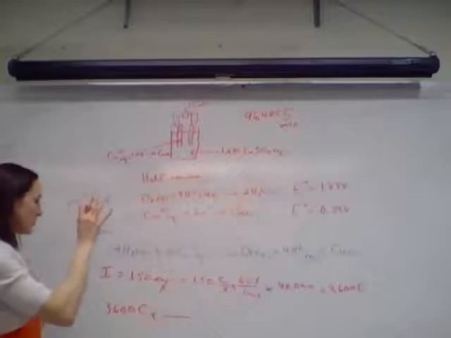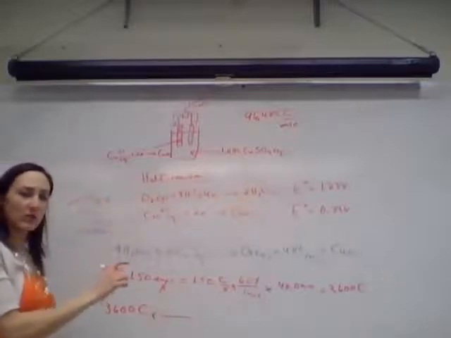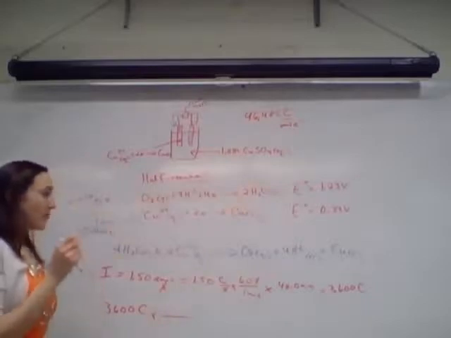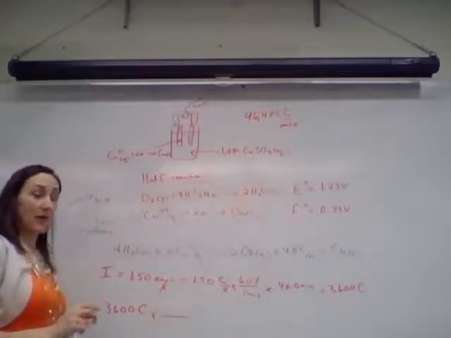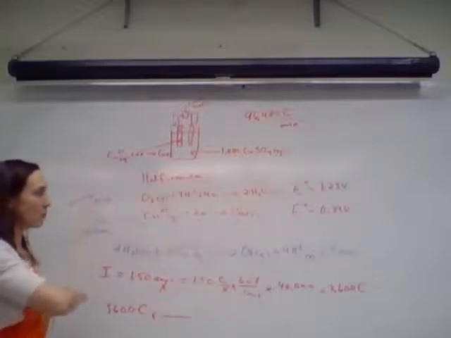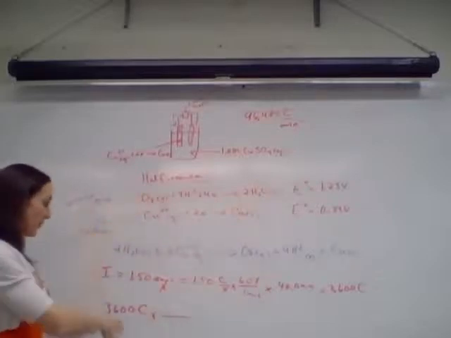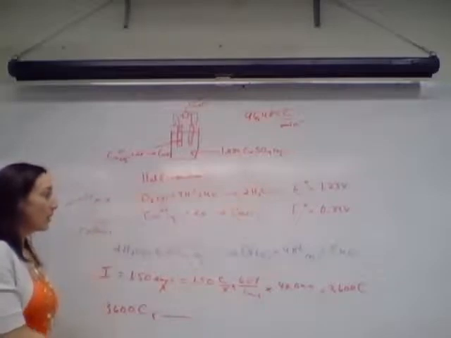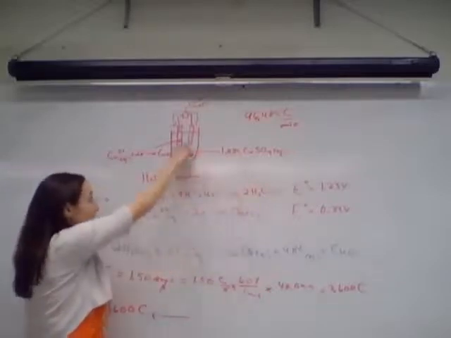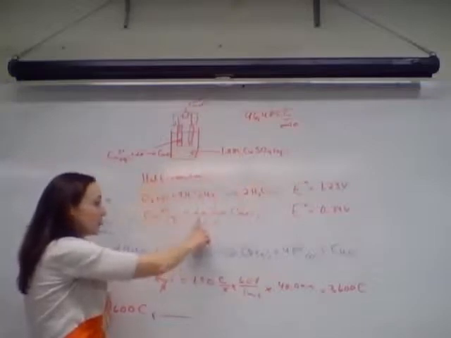If I can get to moles of copper atoms, then I can get to the mass of copper, because we know we can get from moles to mass. So how do I get to moles of copper atoms with this information? For each copper atom that gets deposited on this electrode, it has gained 2 electrons.